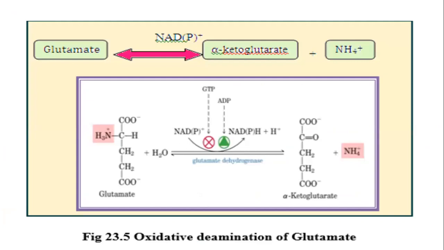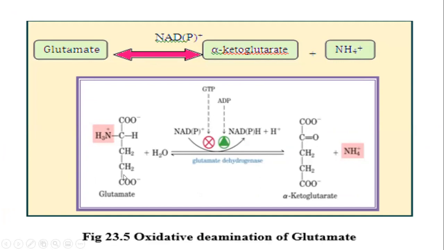In this reaction, you can see there is oxidative deamination of glutamate. Glutamate in the presence of NADP+ is converted into alpha ketoglutarate and an amino group.